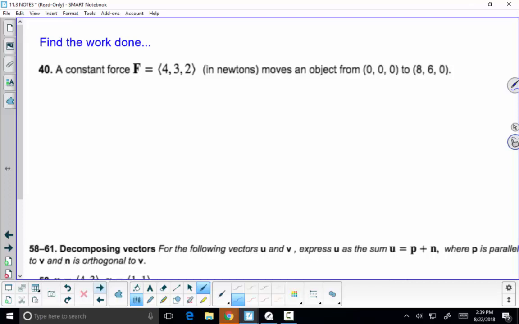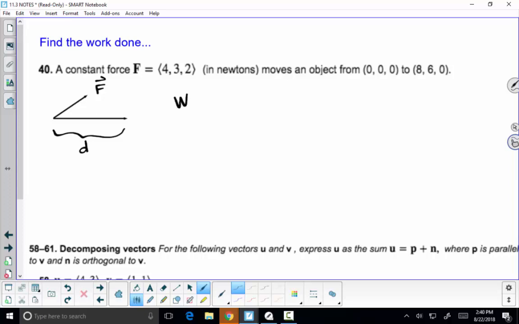So here's a work problem. This one's not fully a projection vector problem, but I want to show you one other connection with work. We talked about this scenario where we've got a force and a distance that a box or something is being moved. But now watch what we can do here.